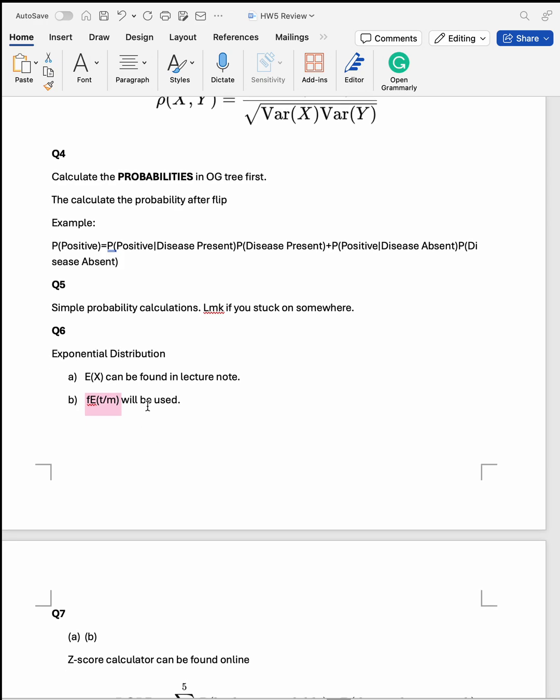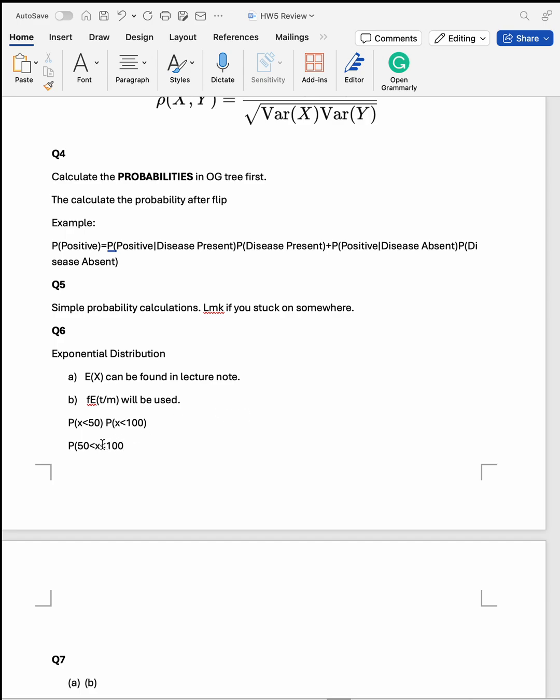It will help you a lot, and you can use that for calculating P(x ≤ 50) and also P(x ≤ 100), and then you will use an integral to calculate the probability between 50 and 100.